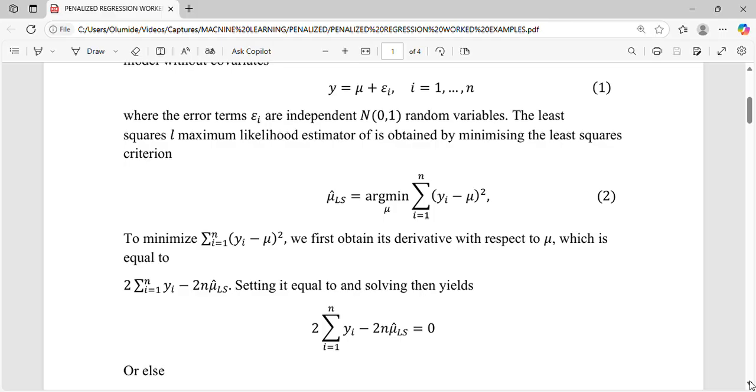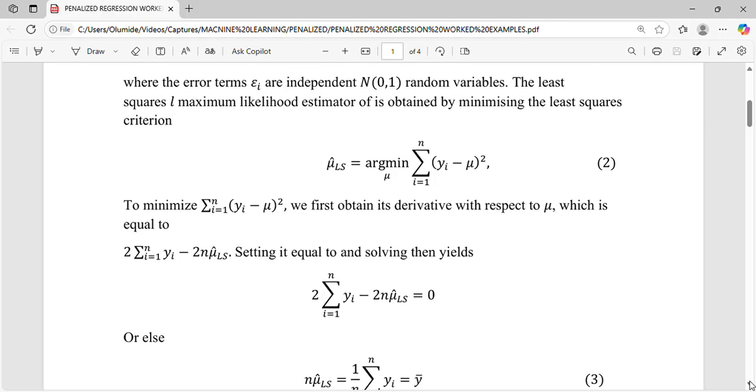Now looking at equation 1, this can be expressed as this to minimize the likelihood. So we have equation 2. Next, we obtain the first derivative of equation 2 with respect to mu, which is equal to what we have here.